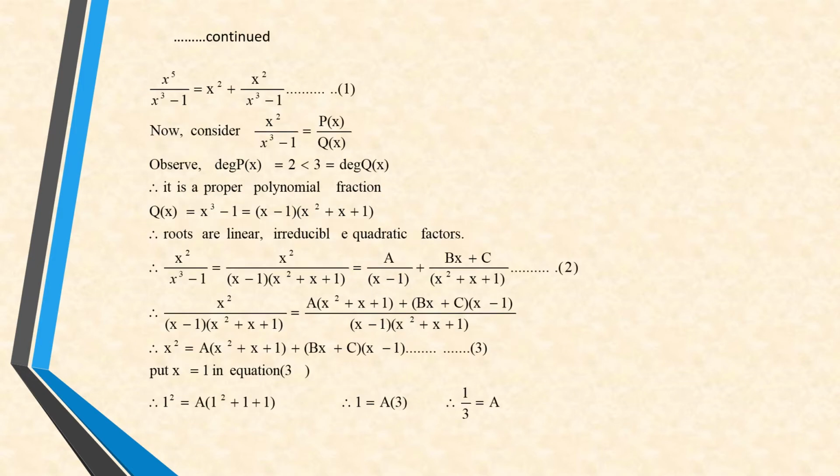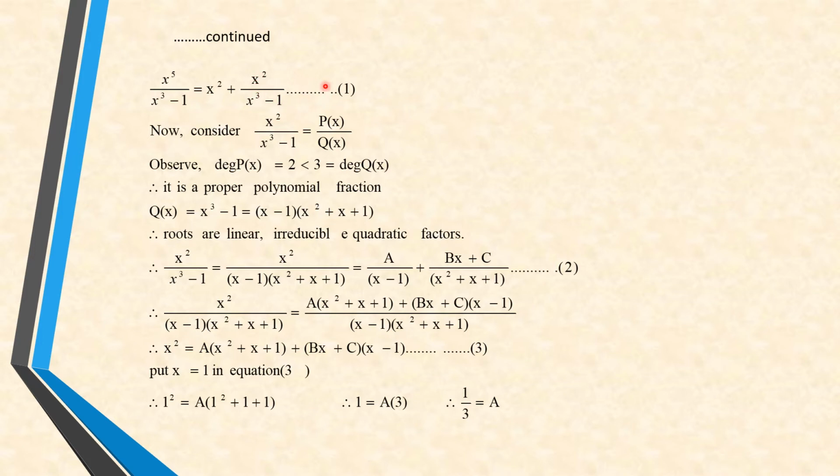So writing the fraction as quotient plus remainder upon divisor, we will get the fraction x raised to 5 upon x cube minus 1 is equal to x square quotient plus remainder another x square upon divisor x cube minus 1. Let us name this as equation 1.